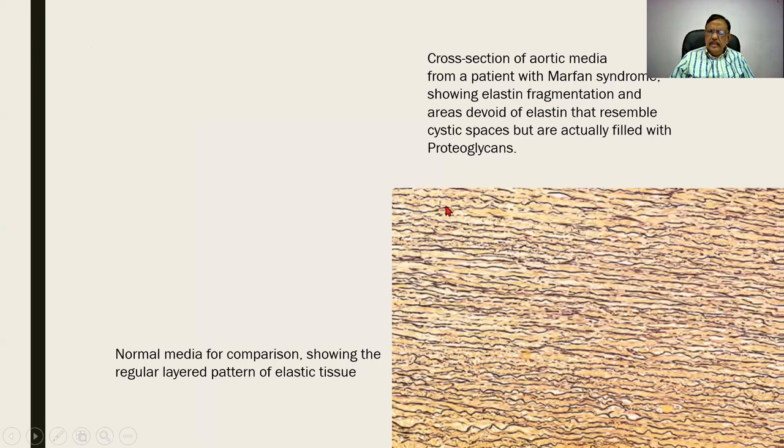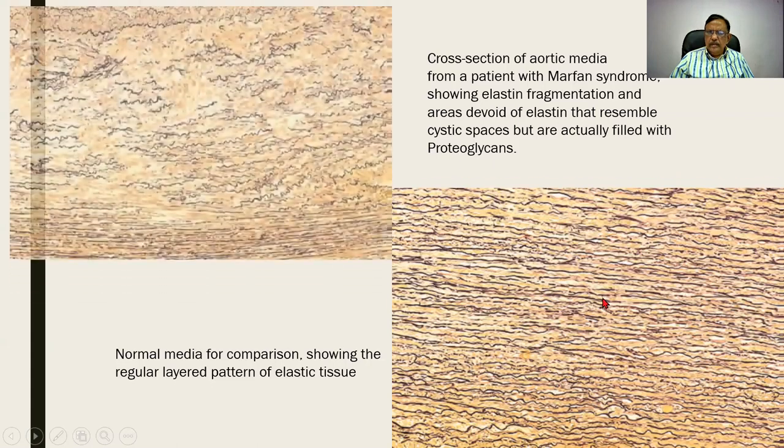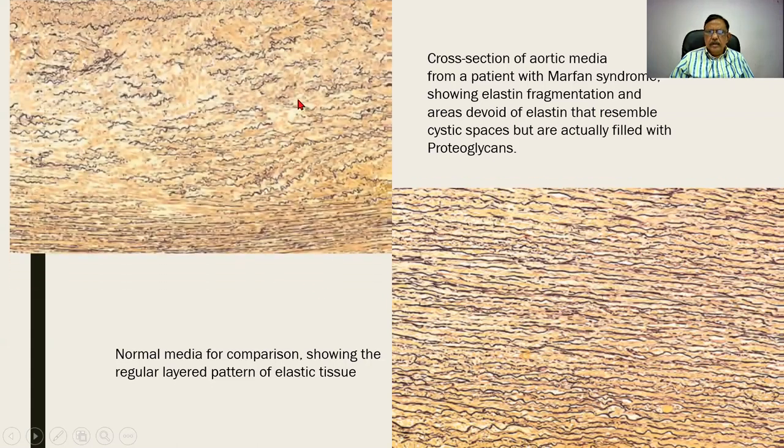So this is a little difficult, but I am finding fine black lines which are regular, parallelly arranged. These are the elastic fibers normally found in the vessel wall. But this is what happens in the case of cystic medial necrosis or Marfan syndrome.